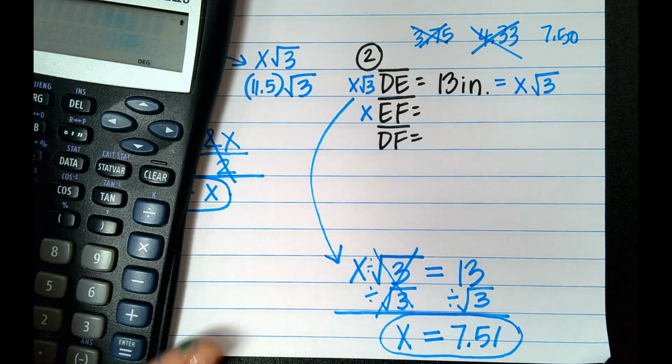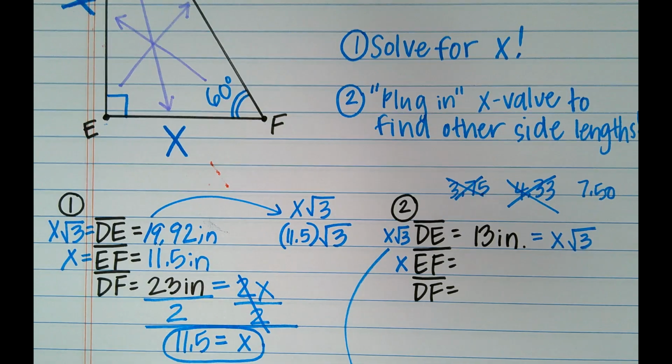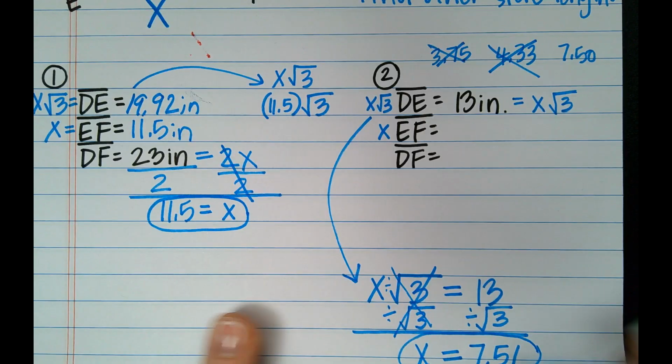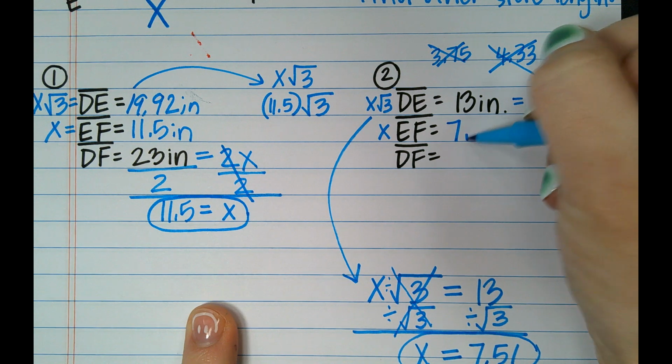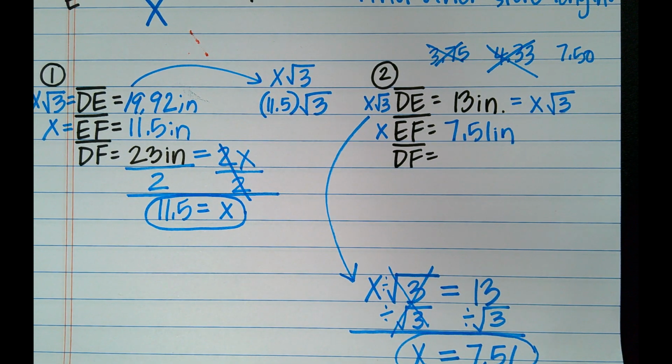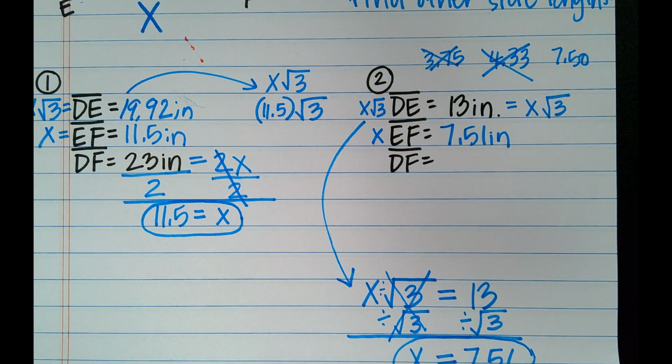So EF is X, and X is 7.51. So 7.51 inches is our answer for EF. Now, DF.